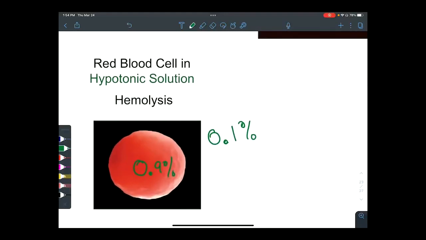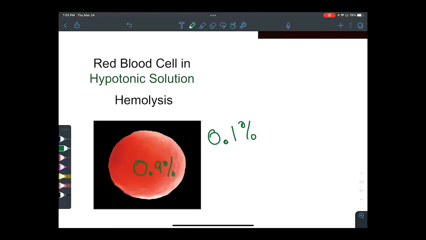So that same idea with the starch solution: if you have two bodies separated by a semipermeable membrane, which way will water go? To this way or into the cell? Into the cell, because there's more water on the outside, so it's going to try to dilute the cell on the inside.